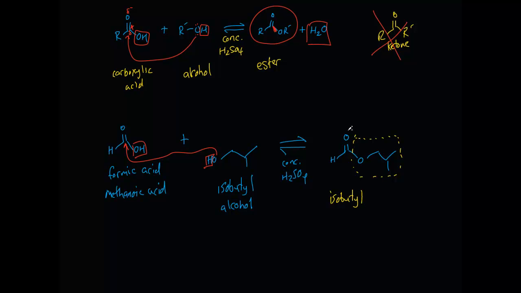And the rest of it would be derived from the name of the carboxylic acid group, ending in ATE. So what I like to do is first write the root from the alcohol group, and then ATE, since all esters end in these 3 letters. And then what you need to do is think, well, what's the root of formic acid? And that's just these 4 letters here, form. So I have isobutyl formate.